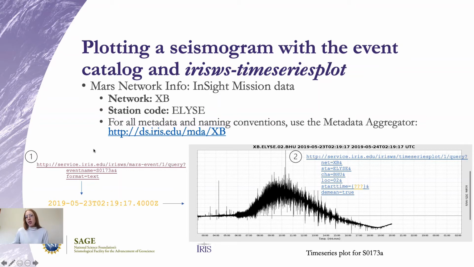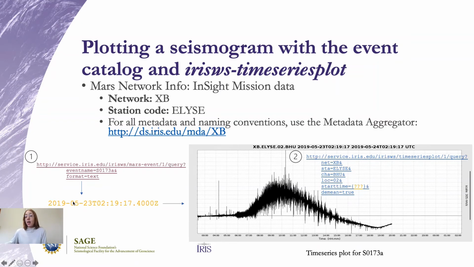So you can use the information returned from the Mars Event Service as input to the time series plot service to generate a seismogram for a given event. I chose event S0173A, which was the first event identified with a location on Mars. It's also the highest magnitude event of location quality A. So it's a milestone.